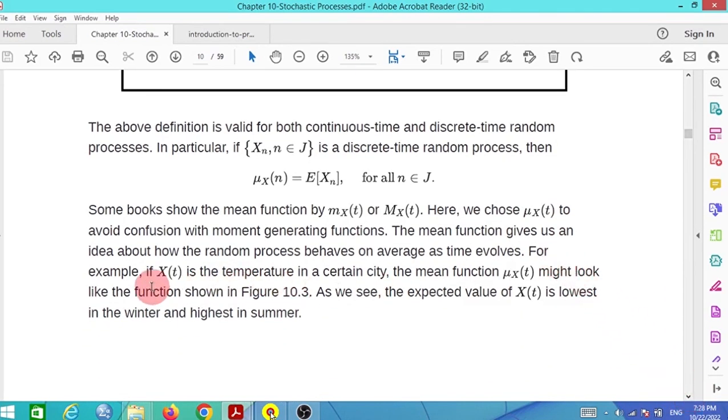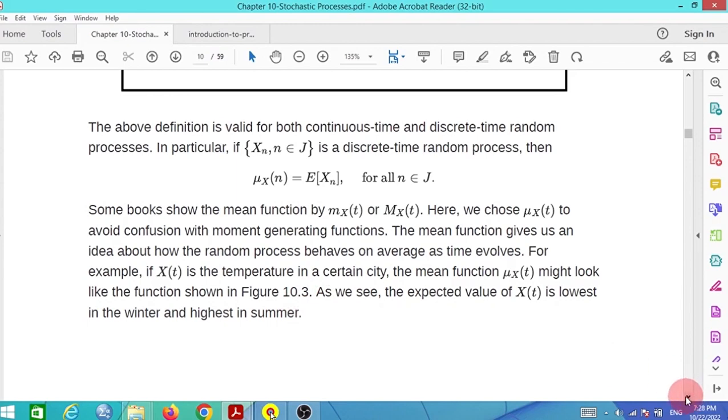For example, if X of t is a temperature, because the expected value is a function of time, if X of t is the temperature in a certain city, the mean function mu might look like the function shown in figure 10.3.